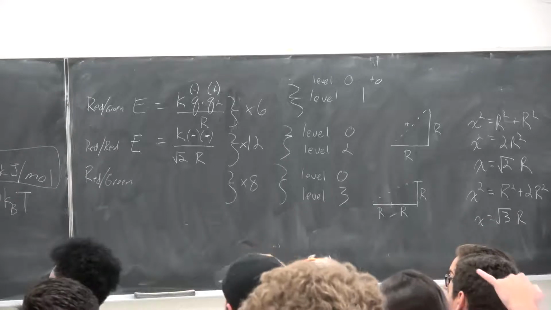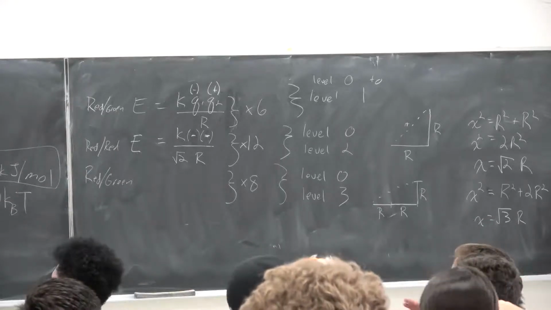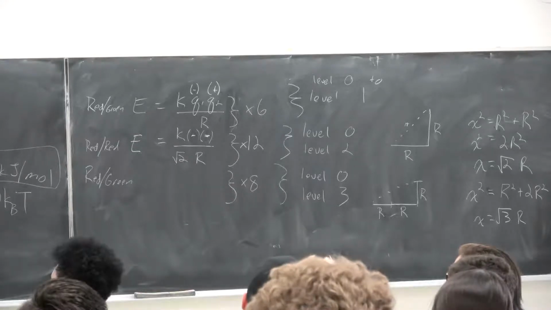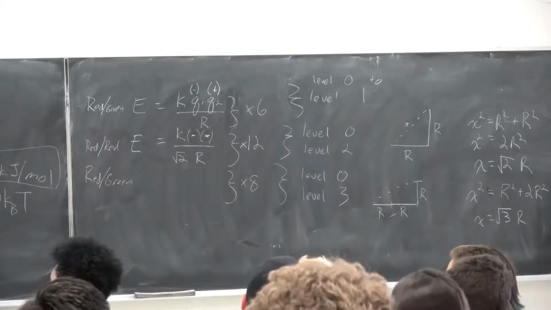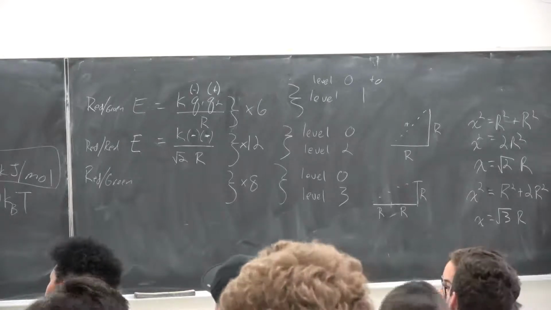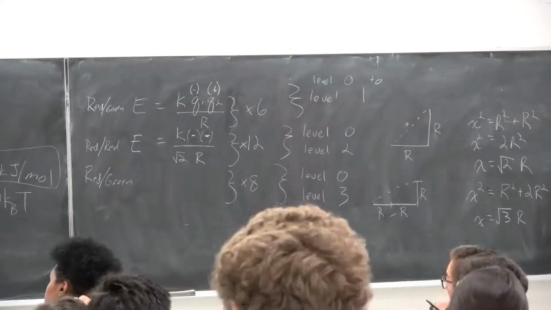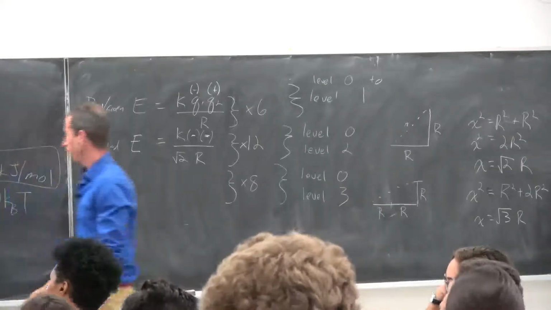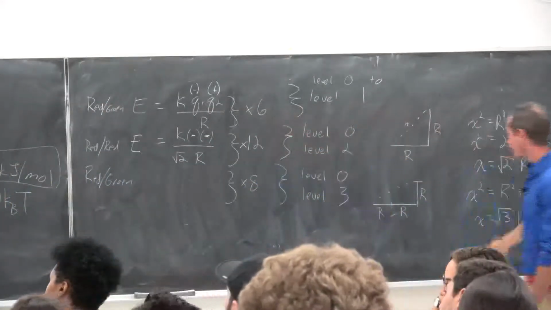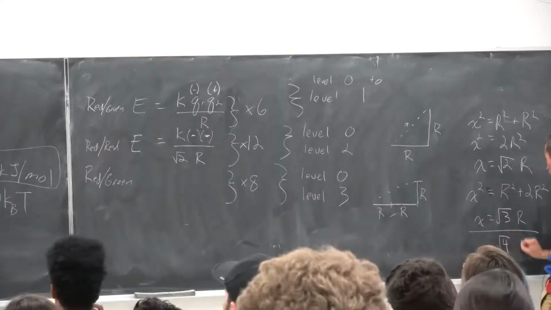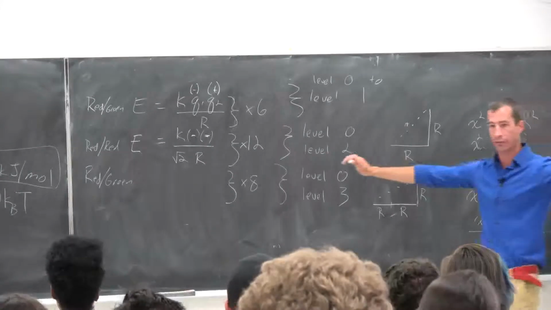So let's look at, so 1, 2, 3 over. Or what's a better one? 1, 2, 3 over. Our next level is going to be square root of 4r, because then we're going to look in both directions.